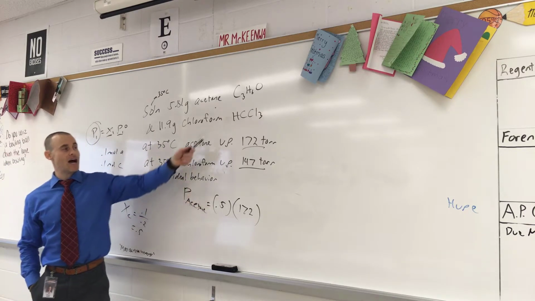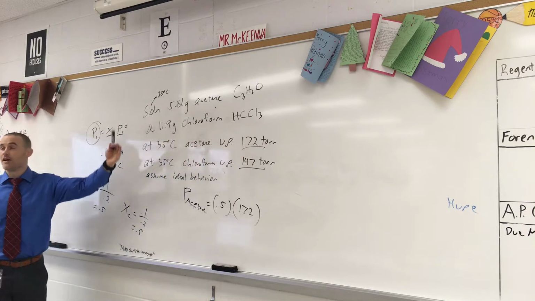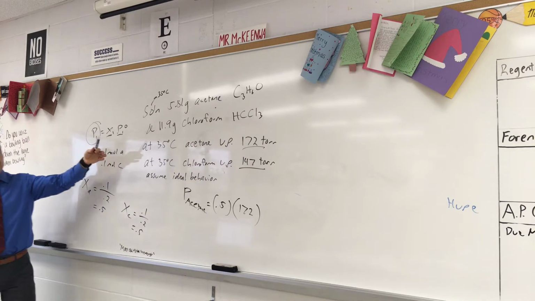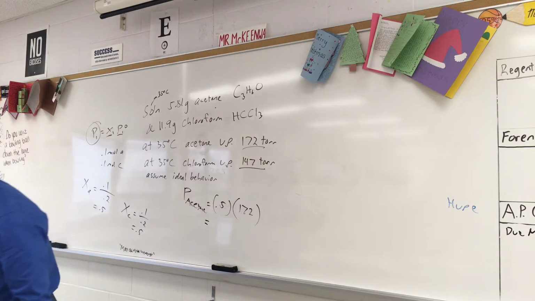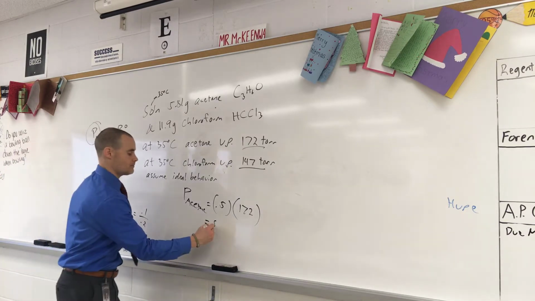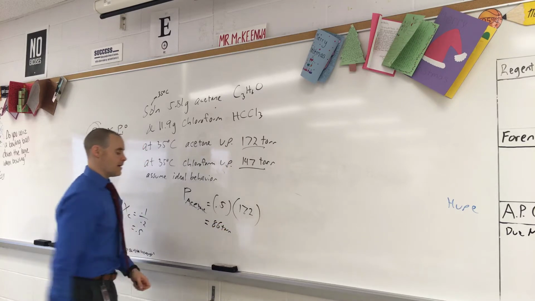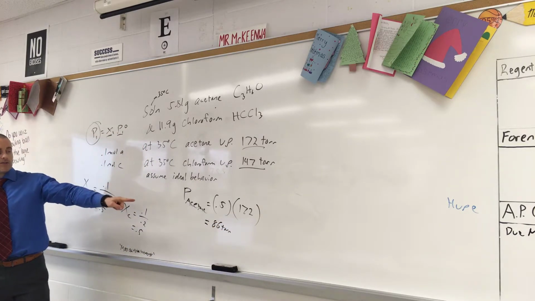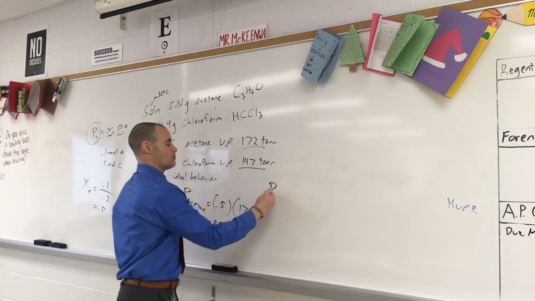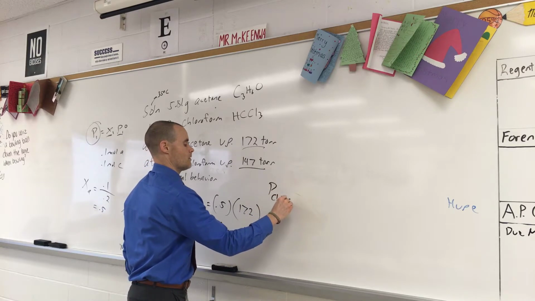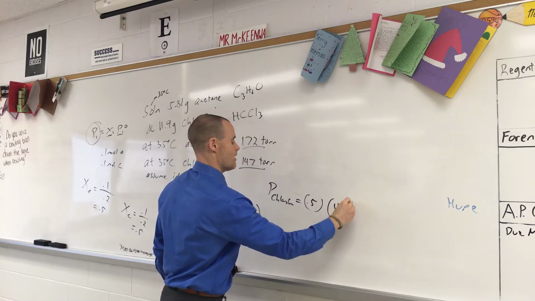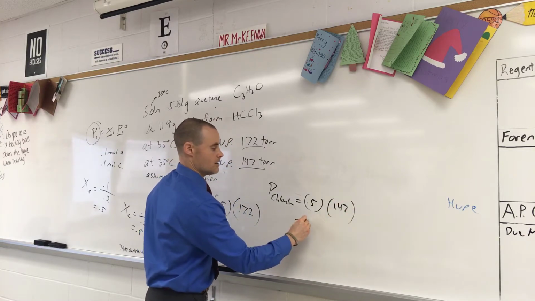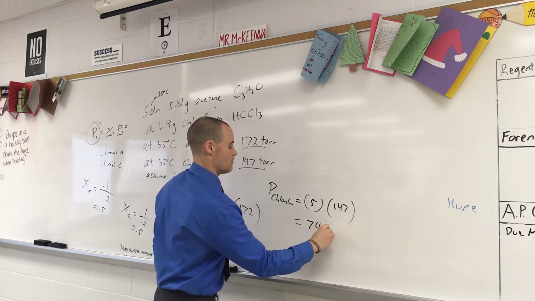So 0.5 times that number is actually the vapor pressure of the mixture of the two. So that's going to be half of that number, 86. And then you do the exact same calculation for chloroform. Partial pressure of chloroform is 0.5 times 147, which is 74.